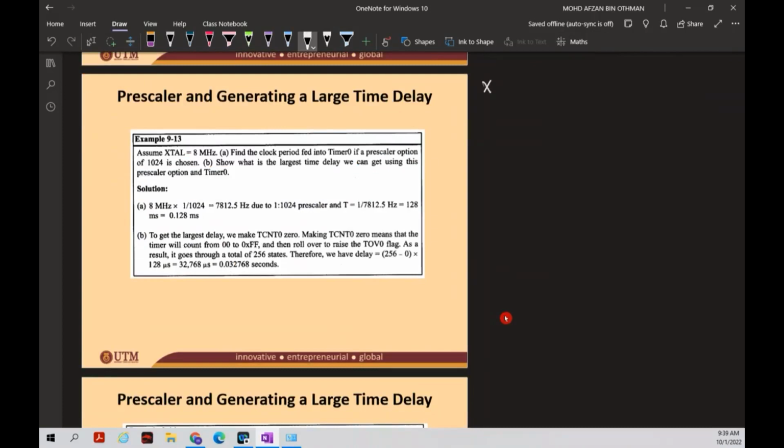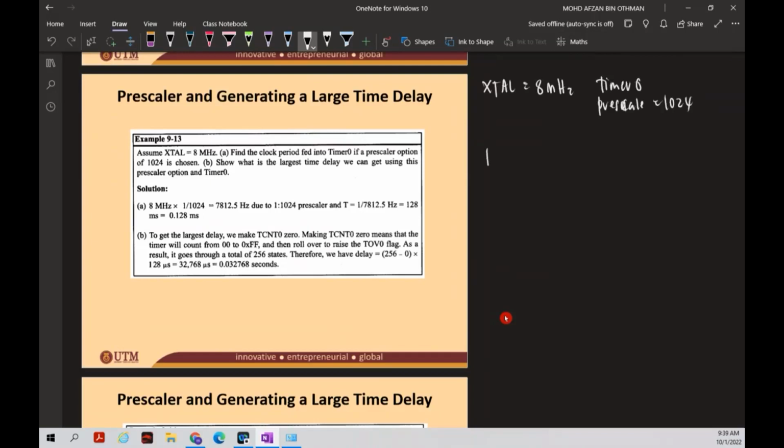Okay, given that the external frequency is 8 MHz, timer 0, and prescale 1024. So what are you going to do?